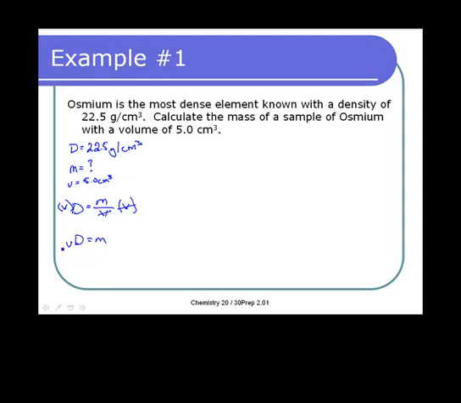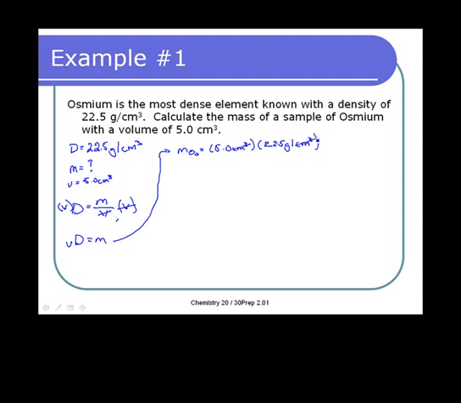So if I multiply the volume times the density, I'll have the mass of my osmium sample. The mass of osmium is equal to, and I have the volume first, 5.0 cubic centimeters times 22.5 grams per cubic centimeter.